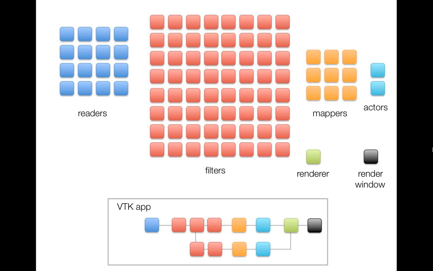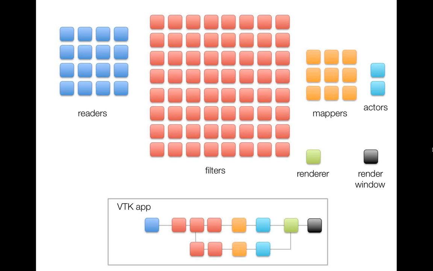And then there are also mappers and actors which work together to transform data into graphical language. It mostly all goes to OpenGL. And then you have a renderer and render window. The render window, in the most basic sense, is your window, that is your app.